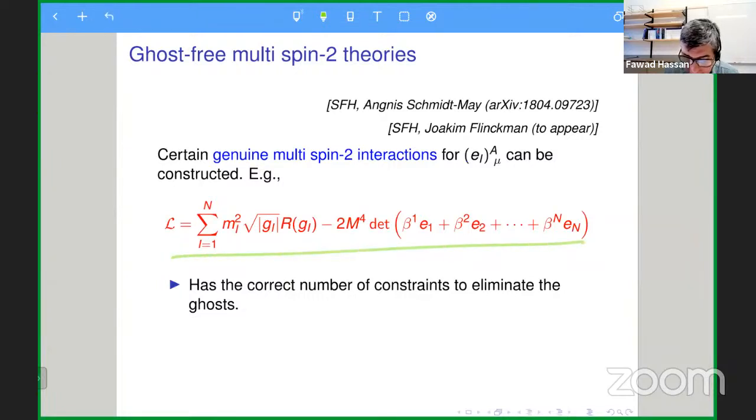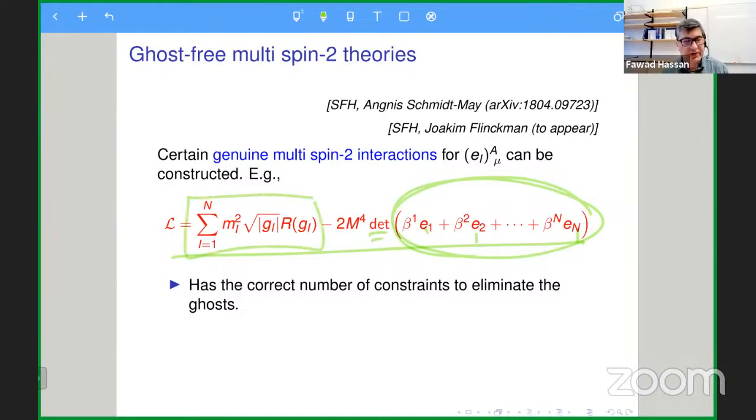So you start with n Vielbeins, so E1, E2, E3 up to En. Take a linear sum of all these n Vielbeins and take a determinant of that. That is your interaction term. And then for the kinetic terms, you just add n copies of the Einstein-Hilbert action. Okay, so the claim is that this theory is ghost-free and well-defined.